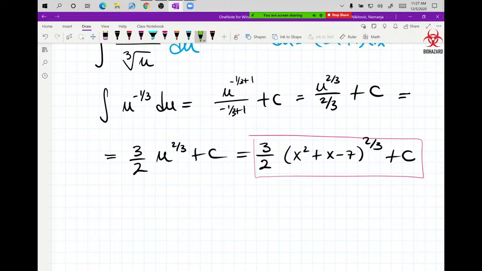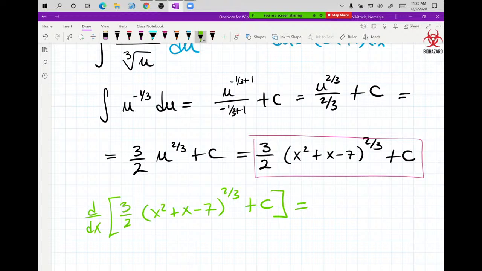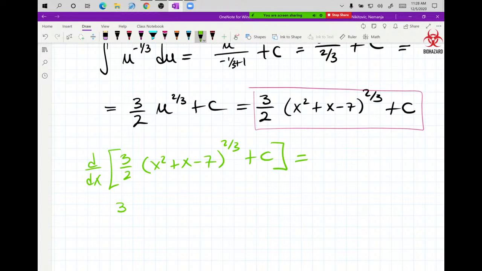All you need to do is obviously the chain rule. So if you want to check this, you're just going to take the derivative of 3/2 x squared plus x minus 7 raised to the 2/3 plus c, right? Now, derivative of plus c is 0. You don't even have to write it, right? Because derivative will always kill it. So copy your constant, drop down 2/3 x squared plus x minus 7 to the negative 1/3 because you're subtracting 1, right?